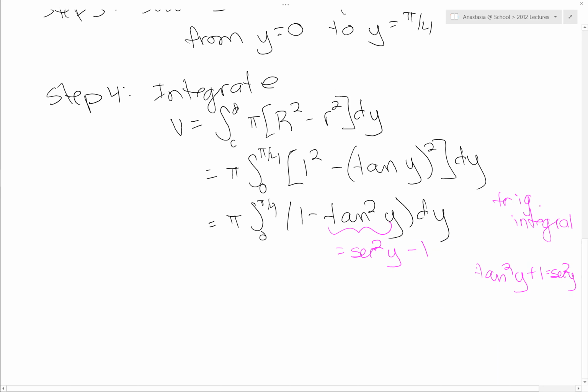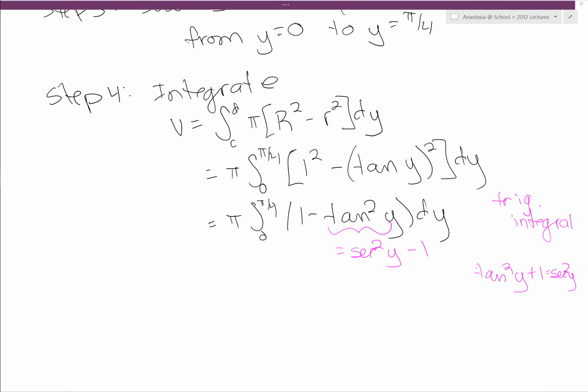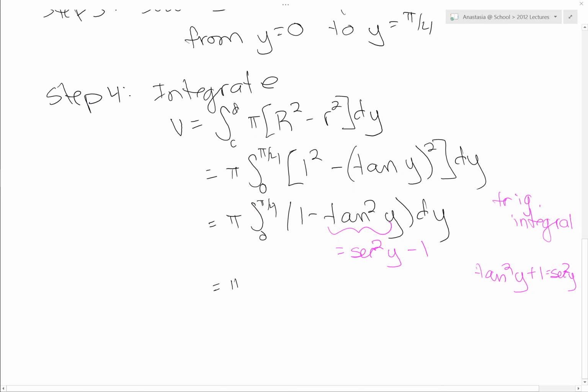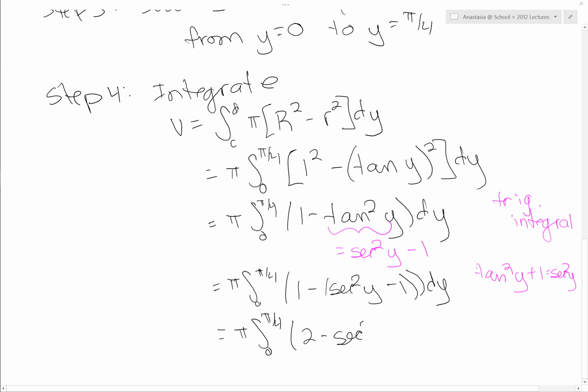So we'll rearrange that and substitute in, so that we get pi times the integral from 0 to pi over 4 of 1 minus secant squared y minus 1 dy. So this is equal to pi integral from 0 to pi over 4 of 2 minus secant squared y dy.